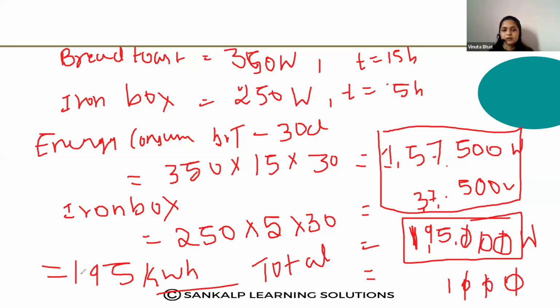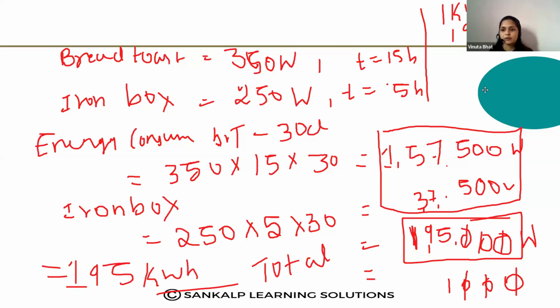Here for 1 kilowatt hour it is given as 4 rupees. So I will write here, for 1 kilowatt hour, that is equal to 4 rupees. What is the cost for 195 kilowatt hour?